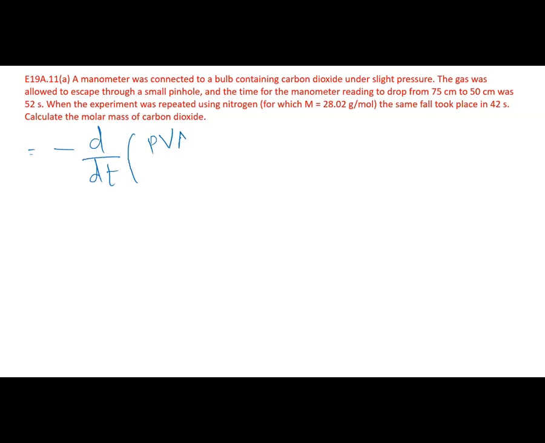So at this point we have minus d over dt. One thing I wanted to tell you is don't get confused with the flux. The flux is a derivative with respect to the position. Here we are dealing with time, the rate at which the molecules from inside the bulb come out of it. That's the effusion, right?